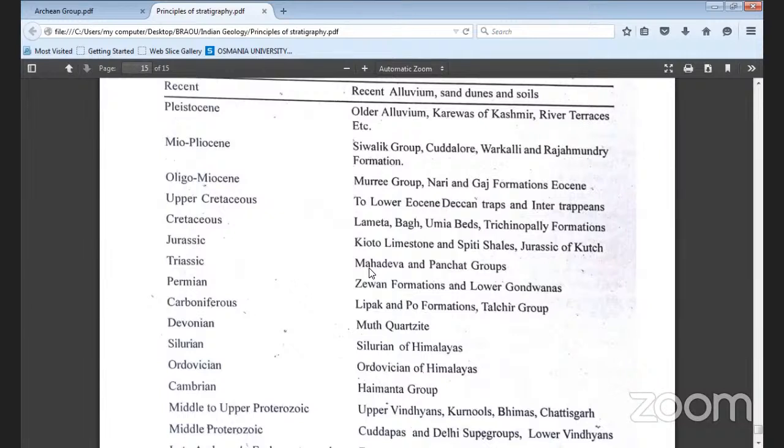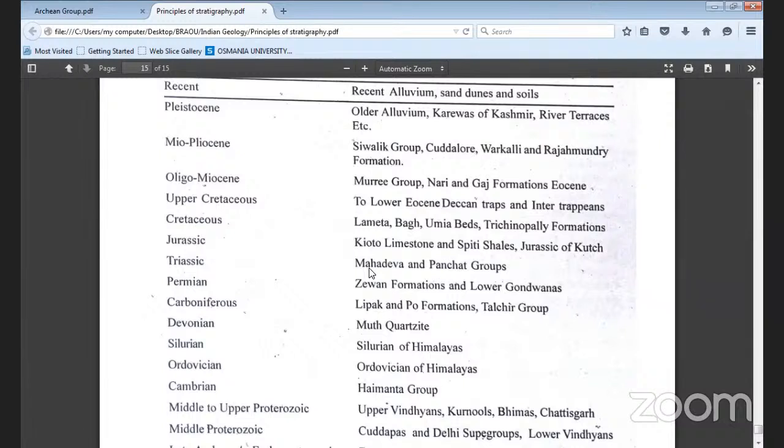Pleistocene contains older alluvium, Karewas of Kashmir, and river terraces. Miocene contains the Shivalik group, Cuddalore, Varkala, and Rajahmundry formations. Oligocene has the Murree group, Nari, and Gaj formations.